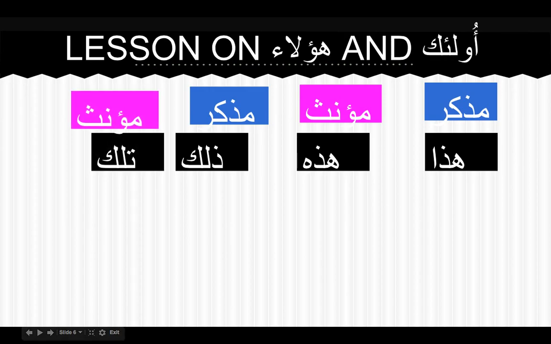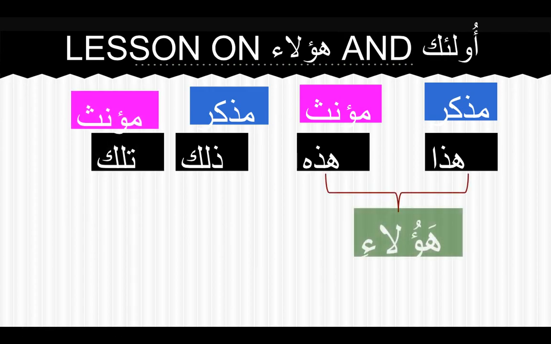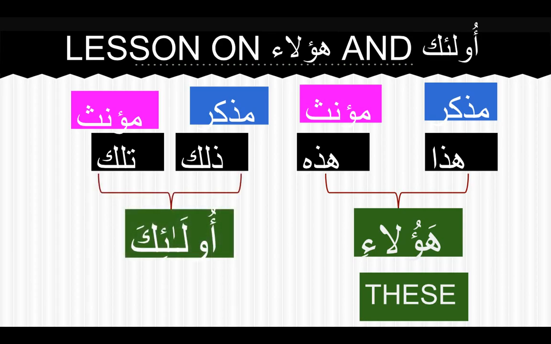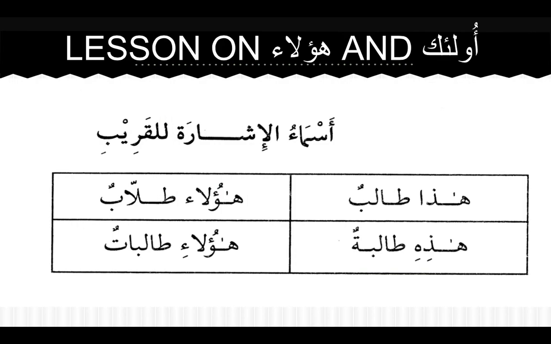So for hada and hadihi we have ha'ula'i for both mudhakkar and mu'annath, which means these, and for dhalika and tilka, ismul ishara lil-ba'id, for both mudhakkar and mu'annath we have ulaika, which means those. So we have, for example, hada talibun, ha'ula'i tullabun. This is a student, these are students. It's a plural.